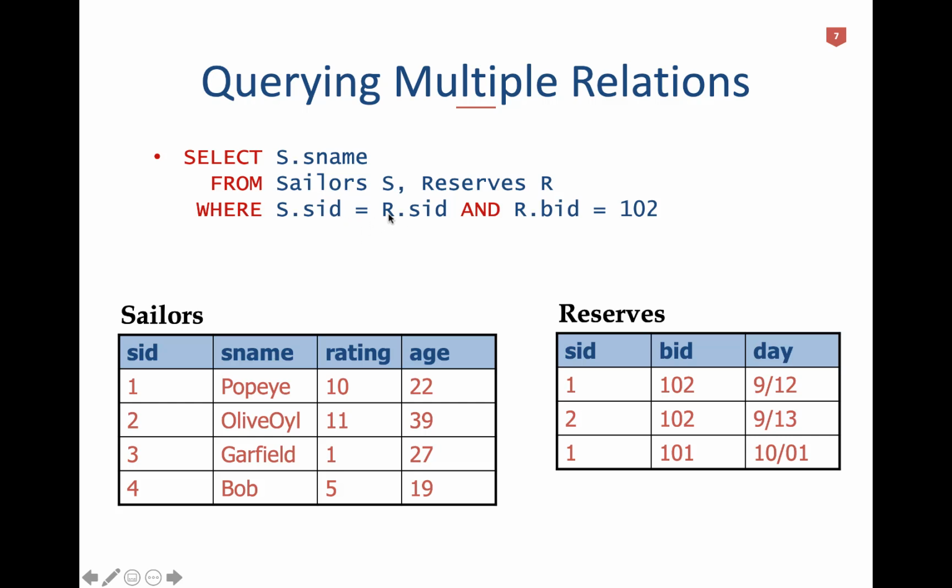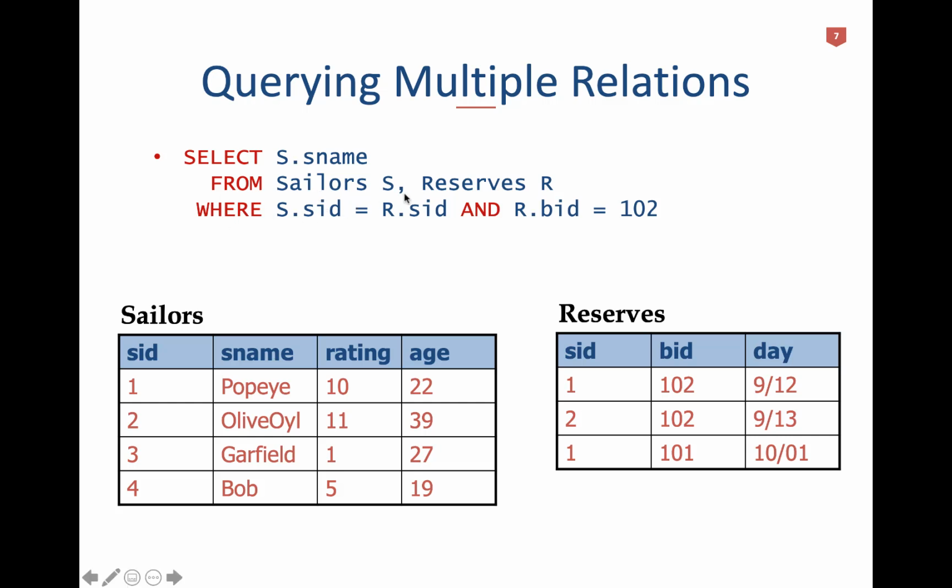That's the most important thing in querying on multiple relations. After you do that, you put another condition if you wish for another column.